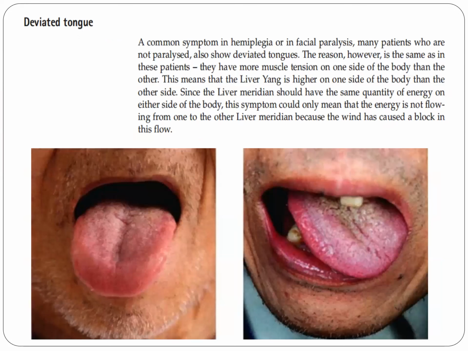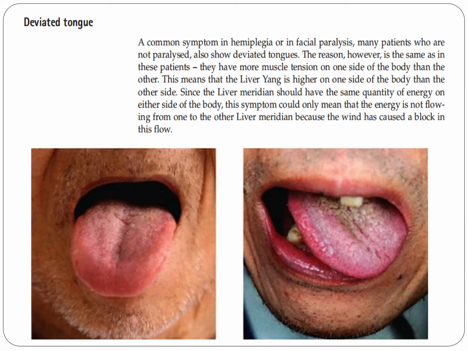Next is deviated tongue. A common symptom in hemiplegia or in facial paralysis, many patients who are not paralyzed also show deviated tongues. The reason, however, is the same as in these patients. They have more muscle tension on one side of the body than the other.